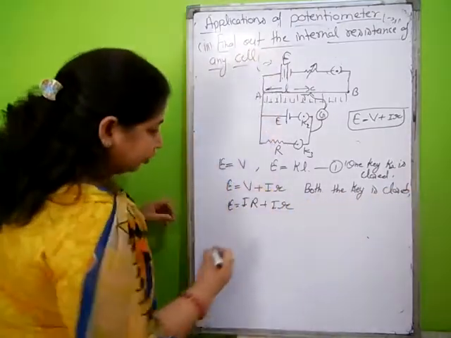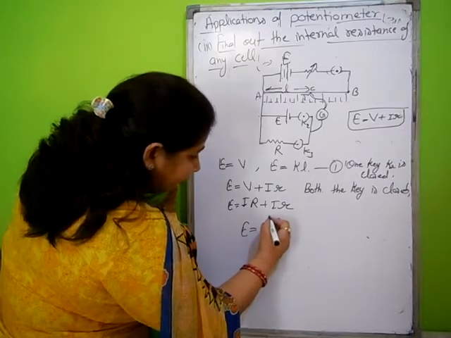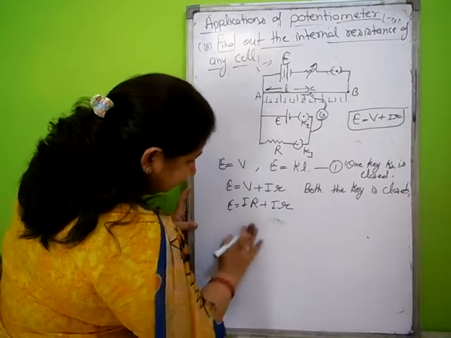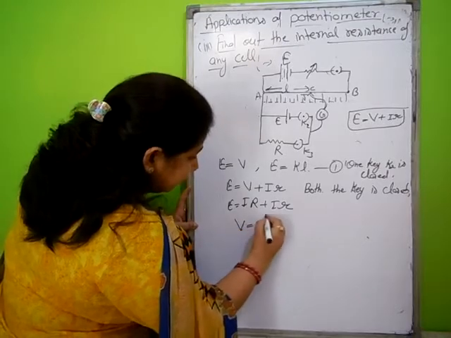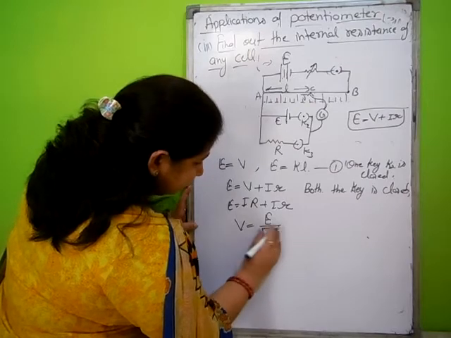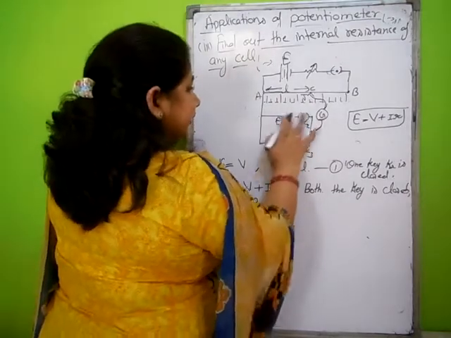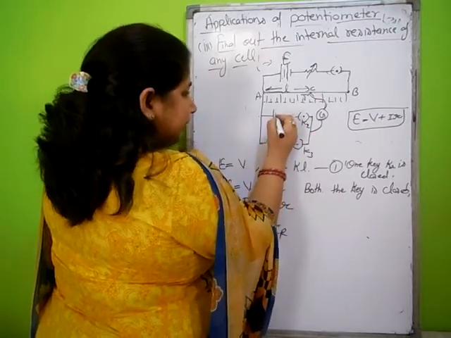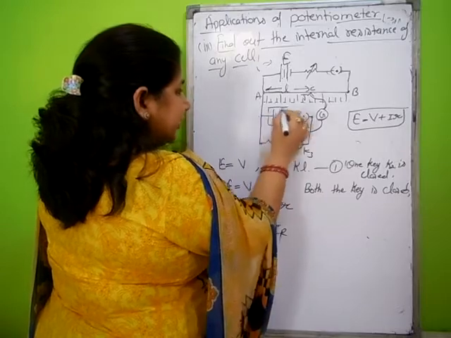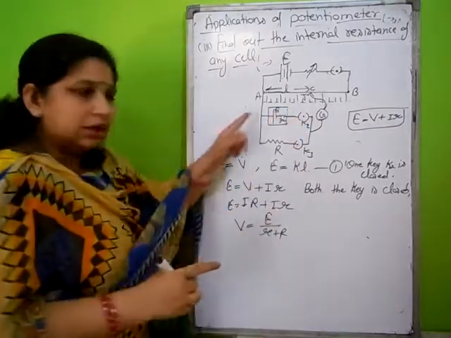Now the total EMF of the circuit E is equal to total. We have already done the potential across any resistor is E upon small r plus capital R. Small r is here, as when we have considered the internal resistance of the cell, then we will designate here such as R and E. Got it?